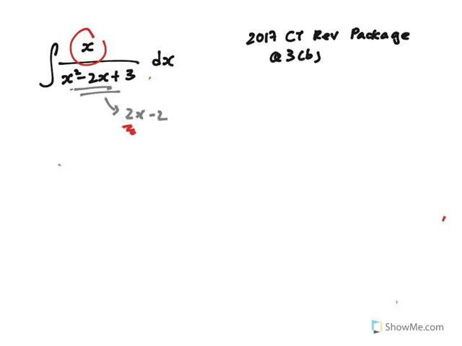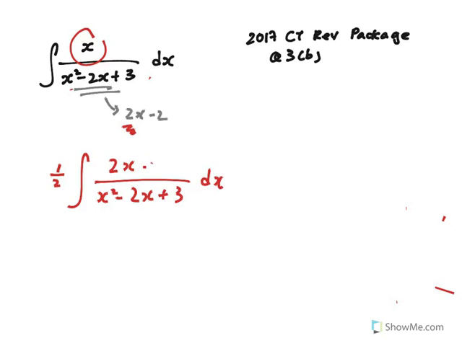If I purposely put a half and a 2x here, that will get me somewhere. But then we're still short of minus 2. So I put a minus 2 here and a plus 2 outside, so this is the same.